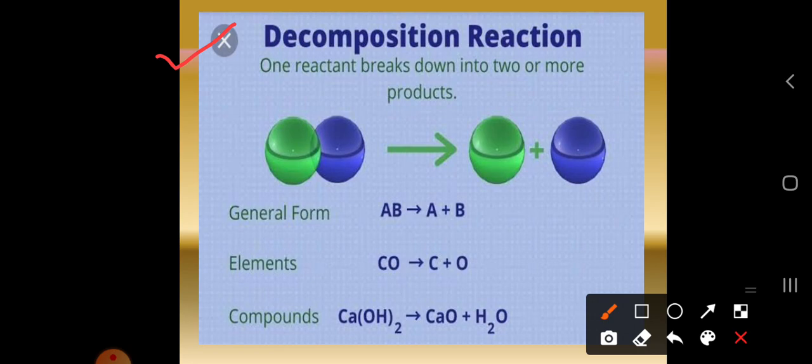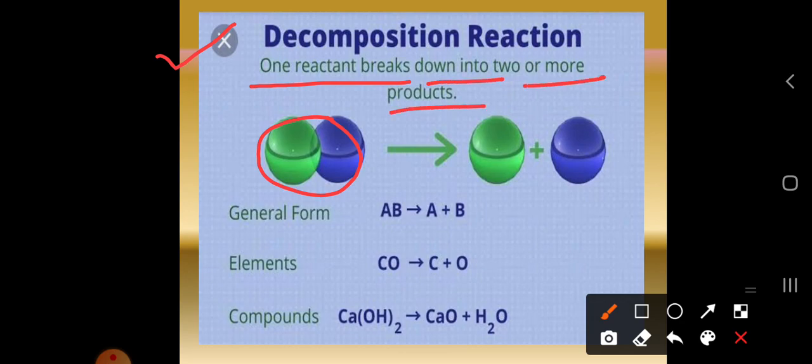Decomposition means you have to break down the reactant into other pieces. We are not getting pieces here, we are getting different kinds of products. One whole reactant breaks down into 2 or more products.